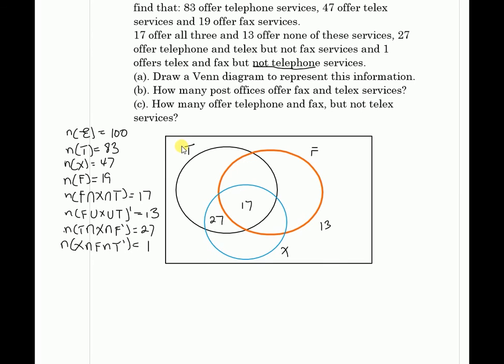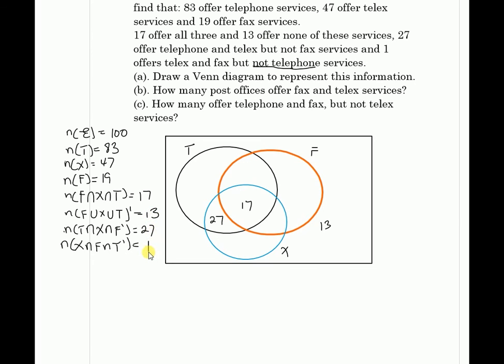Because that is the intersection of telephone and telex, but not fax. 27 offer telephone and telex, but not fax services. So outside F, inside T and X. There you are. Then we have put this.